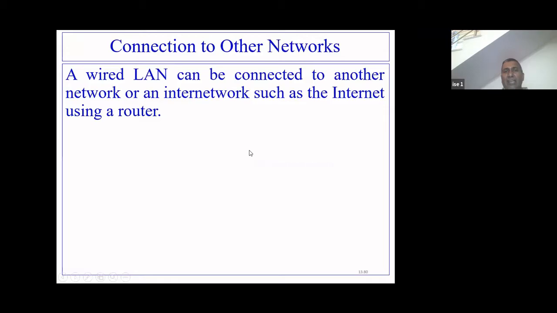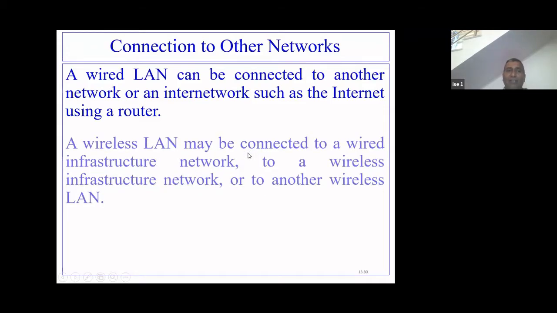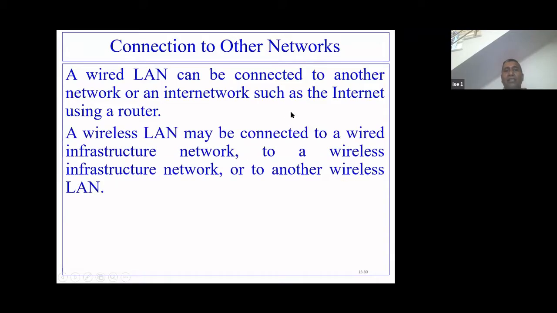A wired LAN could be connected to another network or an internetwork, such as the internet, using a router. And a wireless LAN may be connected to a wired infrastructure network, to a wireless infrastructure network, or to another wireless LAN.